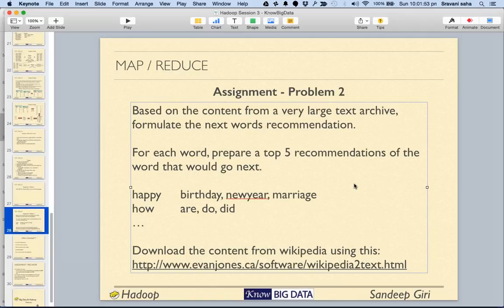So happy birthday, happy new year, happy marriage. Based on the text, you can figure out a pattern. What are the words that occur after a word? And then you build this kind of a recommendation.